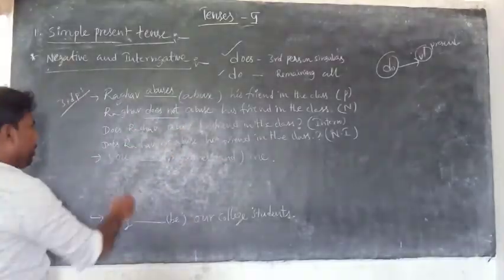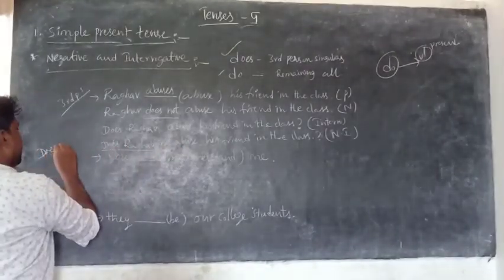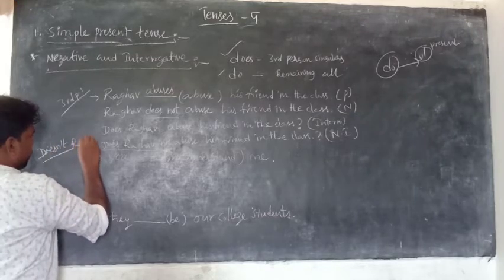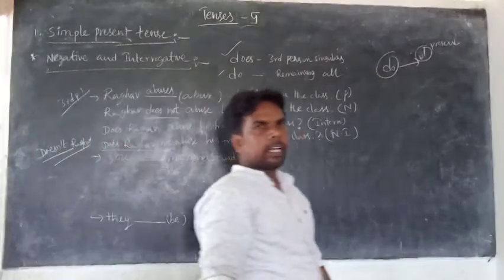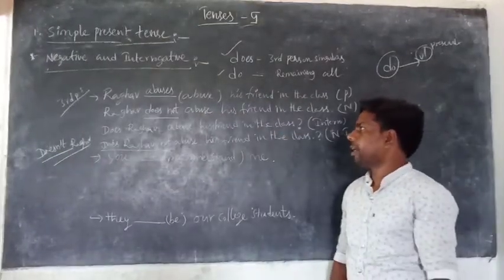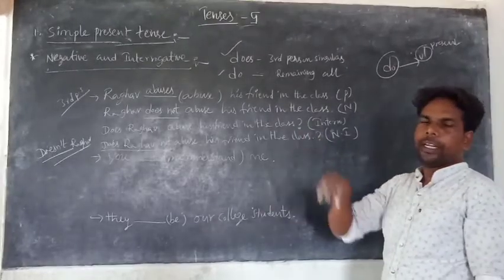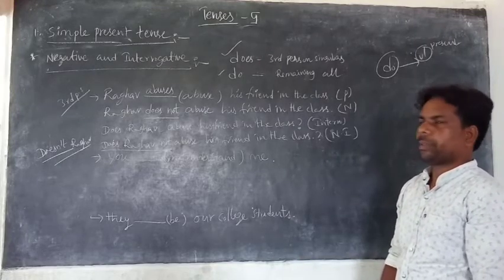You can use this one: Doesn't Raghav abuse his friend? Does Raghav not, or doesn't Raghav abuse his friend? So in this way you have to make positive, negative, interrogative and negative interrogative. Is it clear?